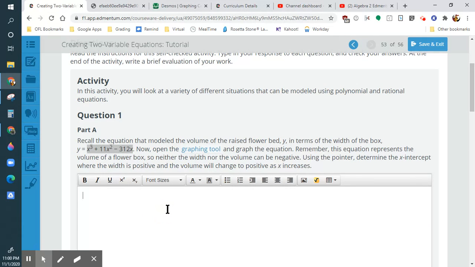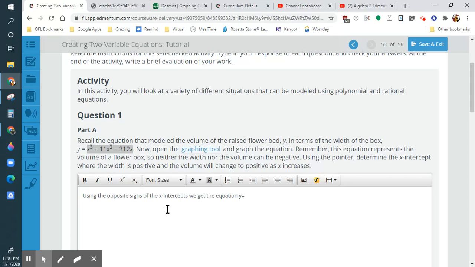Using the x-intercepts, we get the expression, I should say equation, because it is a y equals equation.